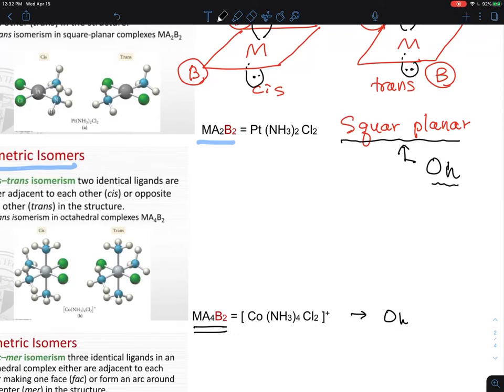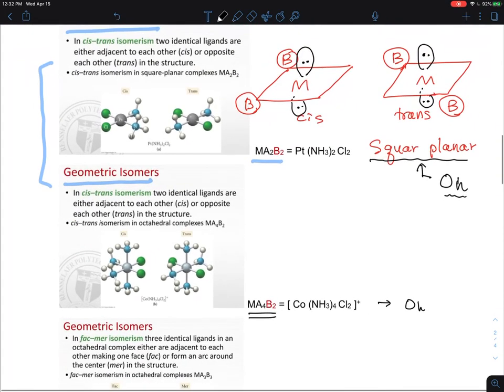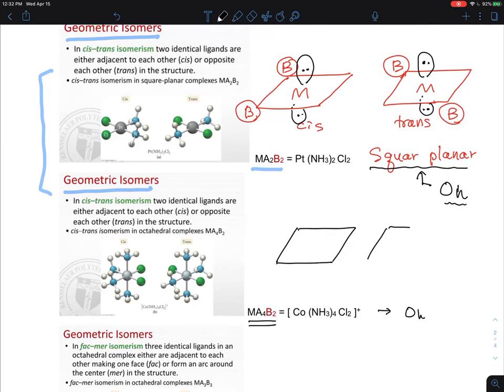Okay, and this is the same recurring theme that I talked about. Octahedral, draw the plane just like that, and then you can put the metal in the center and another coordination on an axial position. Okay, so this is an octahedral.